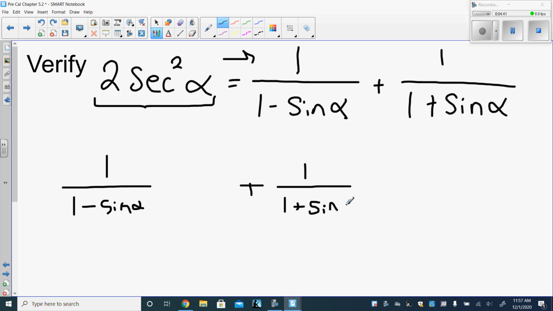So what I'm going to do first is add these two fractions together. But in order to add the two fractions together, I need the denominators to be the same.